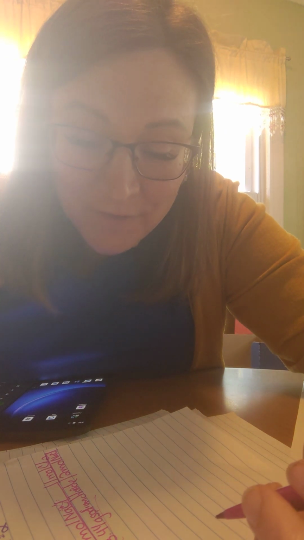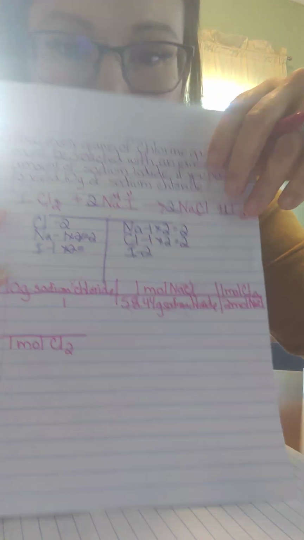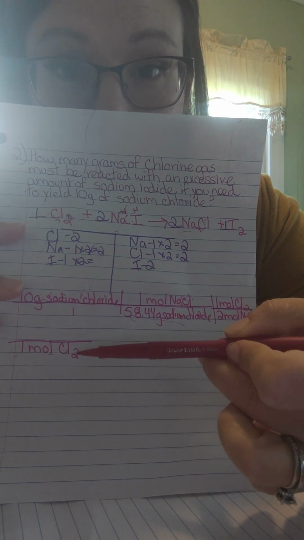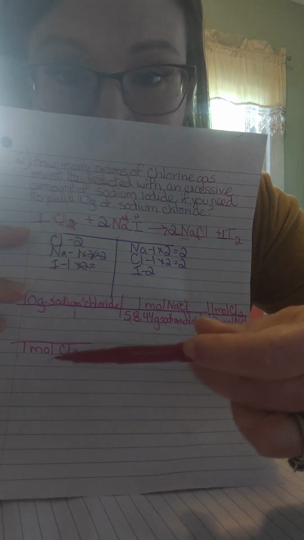Alright, so then we need to figure out what the molecular mass of chlorine is, so how many grams in 1 mole of chlorine. Since we're trying to cancel out units, we're going to put the 1 mole of chlorine gas on the bottom, since in the ratio it's on the top, because we want those to cancel out.